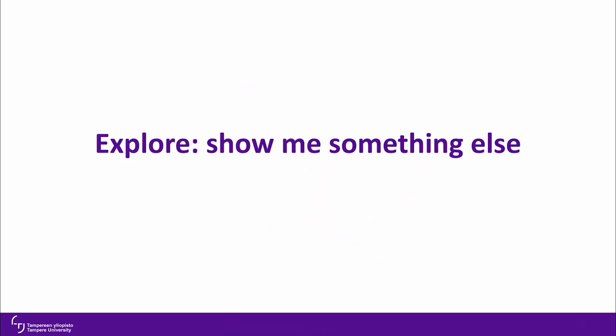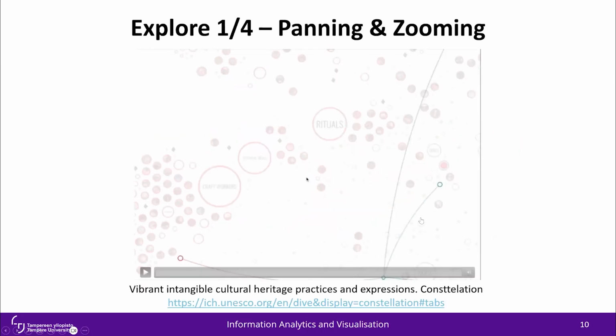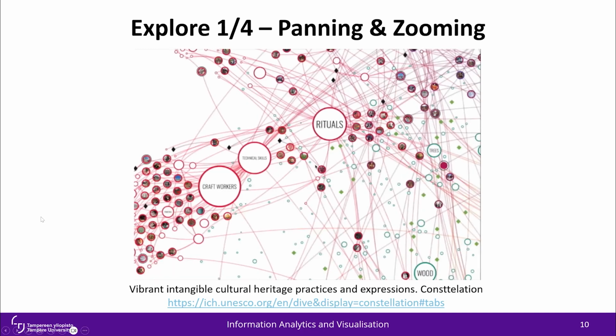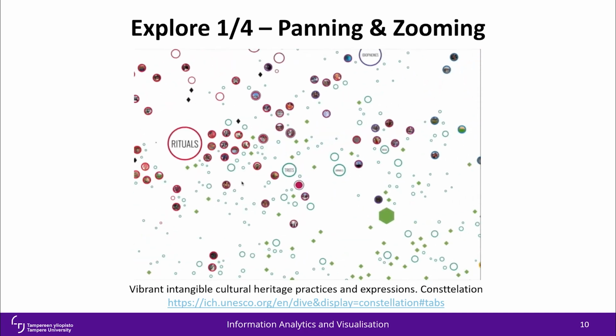All right. Let's think about the ways we can explore data. We can do that by allowing people to see something else. Here we go for cultural heritage practices. So let's see what we can achieve by panning and zooming.